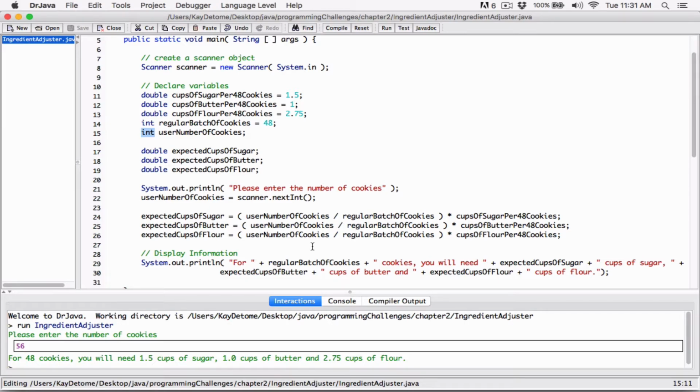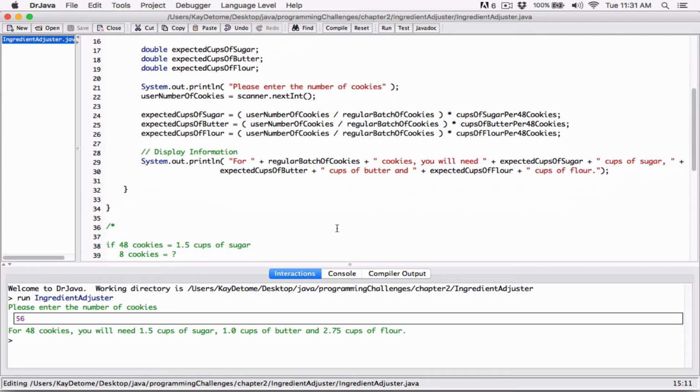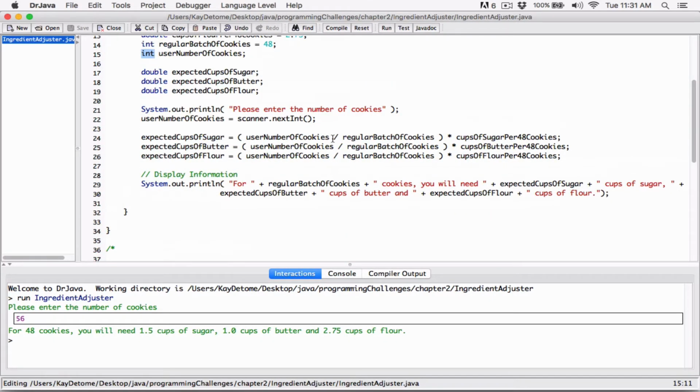So let's pull this up a little bit here. The way Java works with division here is this. Now, if you put 2 numbers here, Java is going to divide it, but if both of these 2 values are integers, then Java is going to consider that as an integer division.